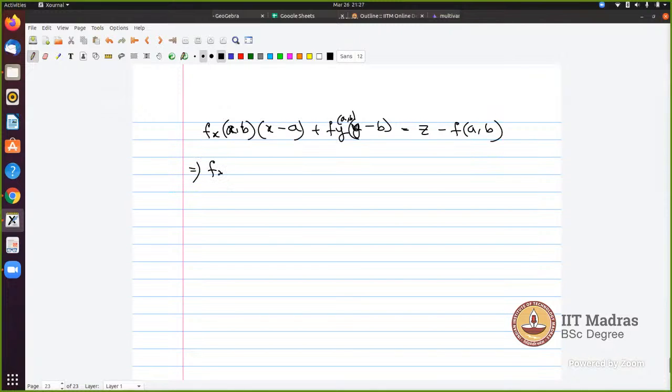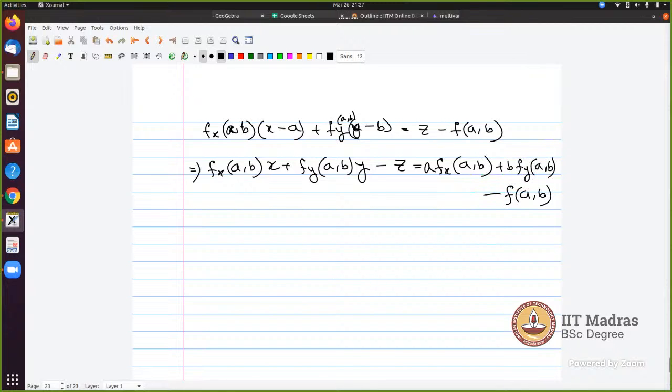If I write this as fx(a,b)x plus fy(a,b)y minus z, and take the terms on the other side, we get some constant basically, right?